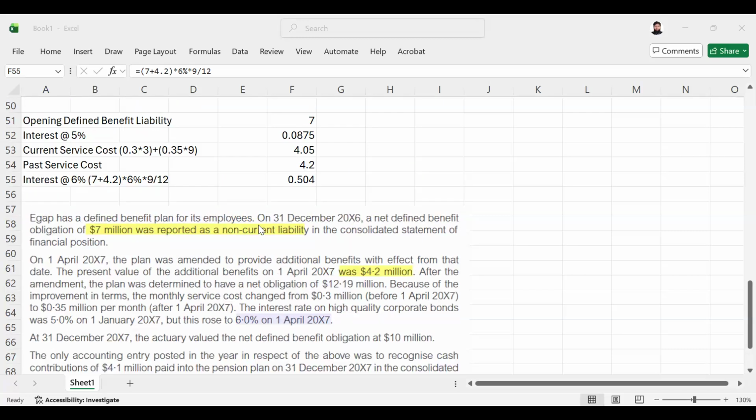Okay, so this is what we have. So interest and this, and then what happens is the contributions paid.